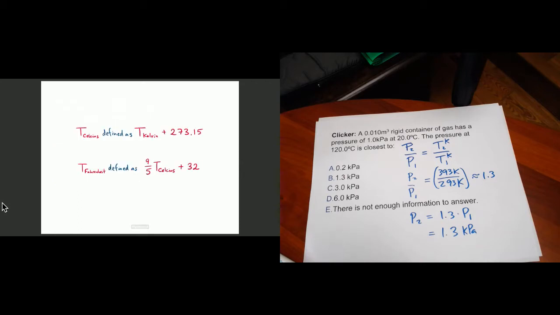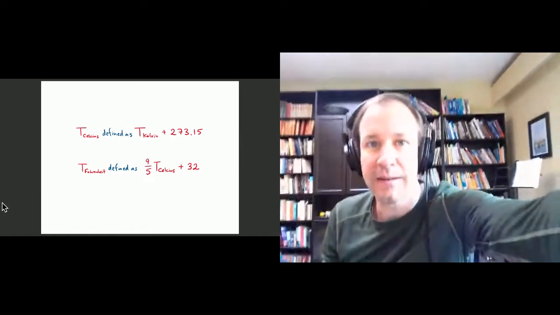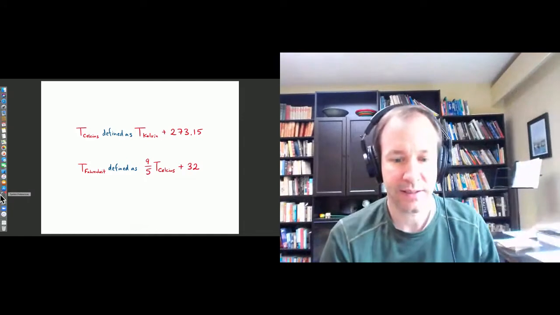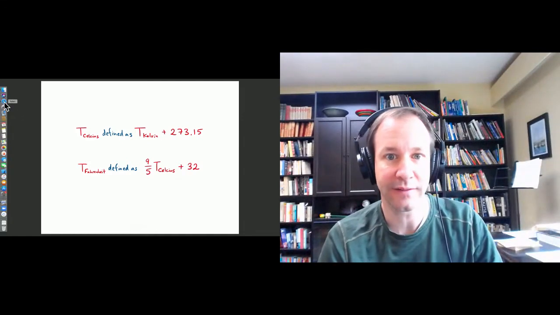The Kelvin scale is a lot simpler for many types of questions, and so that's why it's a preferred system of units for science and engineering for a lot of situations.